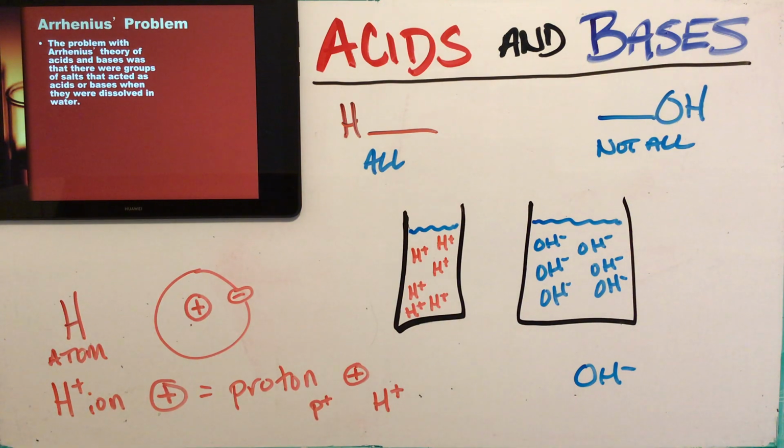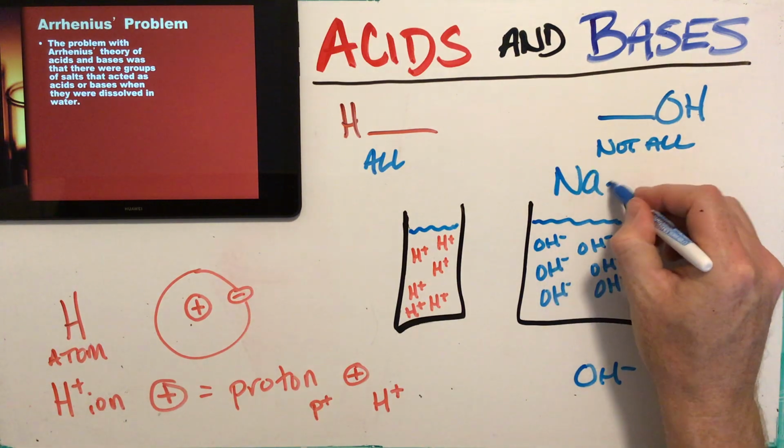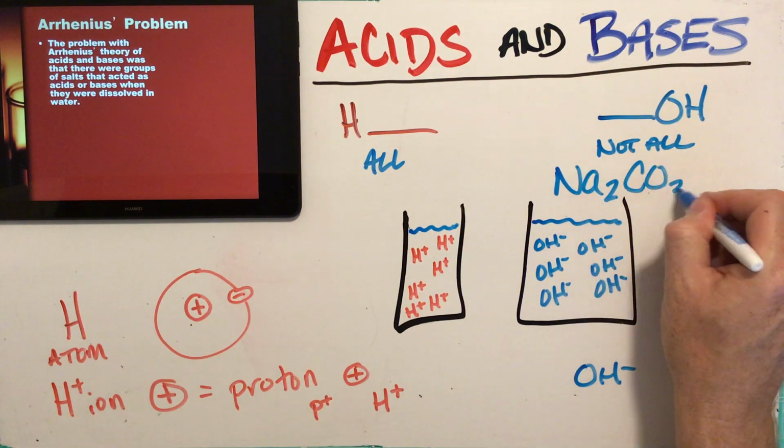The problem with this theory is that there was a group of salts that acted as acids or bases when they were dissolved in water. And the salt didn't have an OH in it. A good example of one of these ones that causes a problem is sodium carbonate.